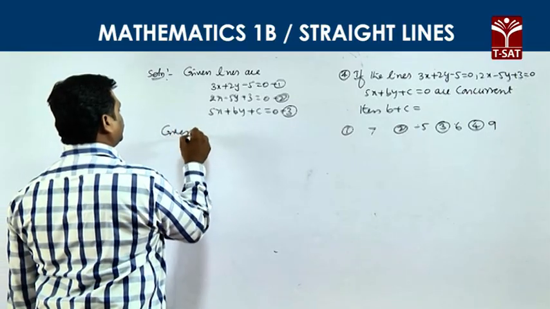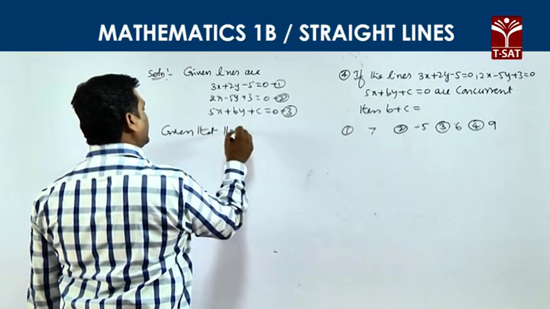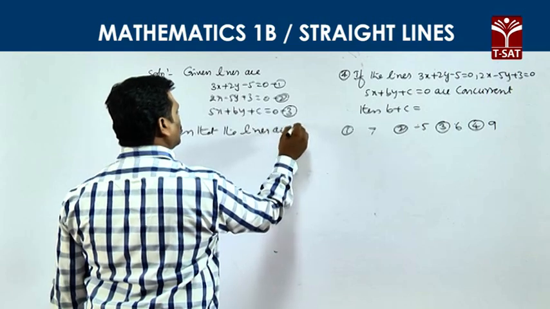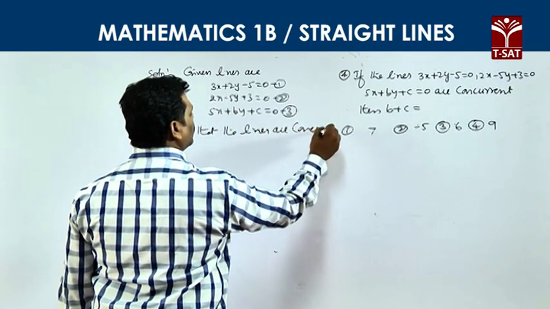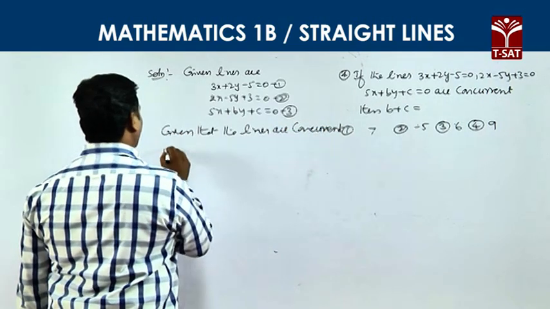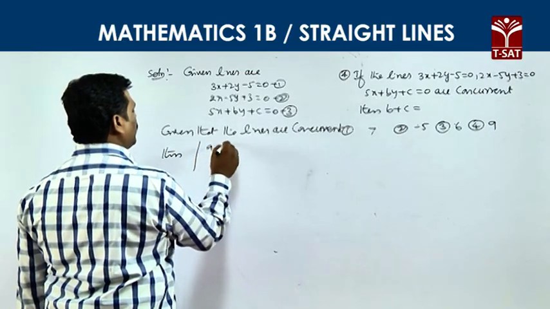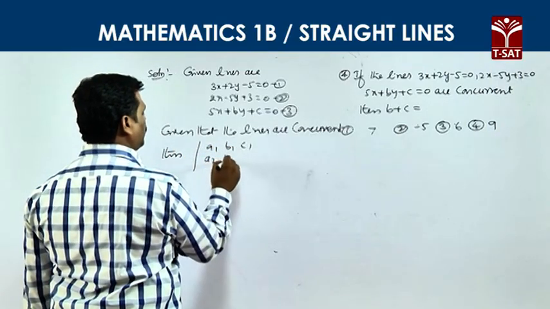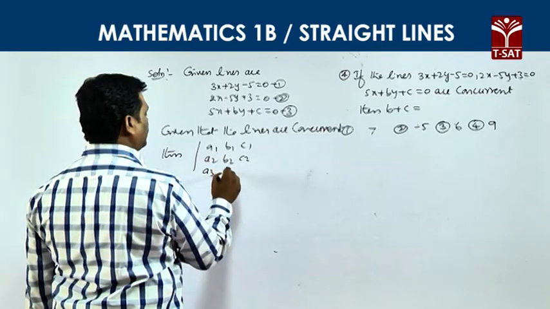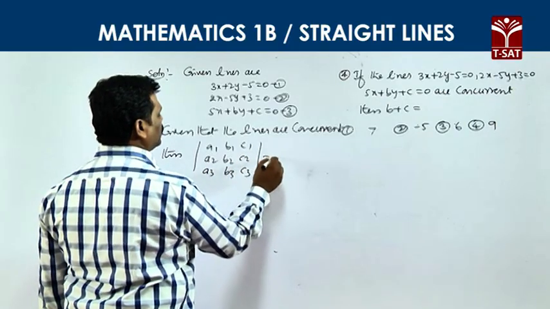Given that the lines are concurrent, then the determinant of A1, B1, C1; A2, B2, C2; and A3, B3, C3 equals 0.